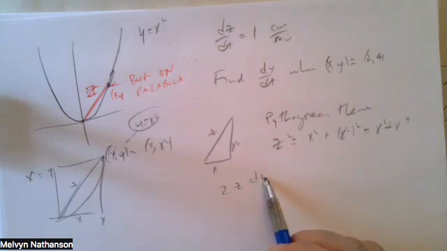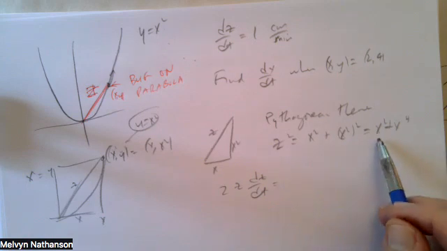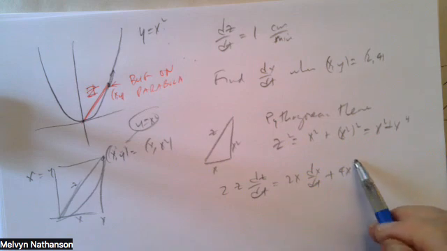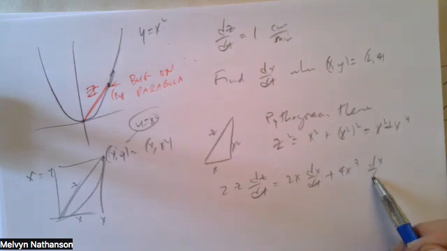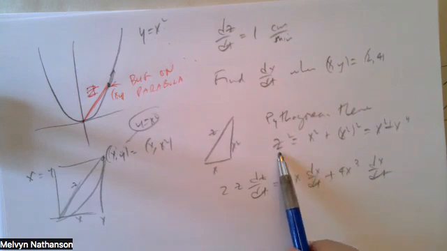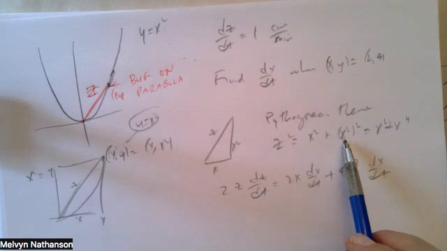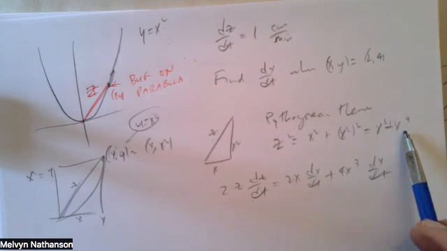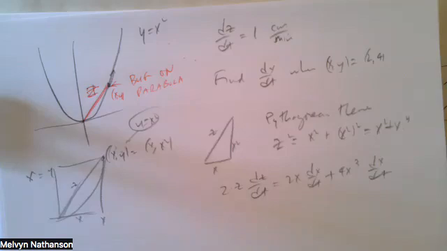So 2z dz/dt is 2x dx/dt plus 4x cubed dx/dt, right? If z squared is x squared plus x to the fourth, 2z dz/dt is 2x dx/dt plus 4x cubed dx/dt. And dz/dt, sorry, we're told, that's what we're given.